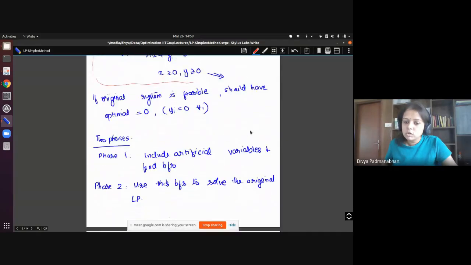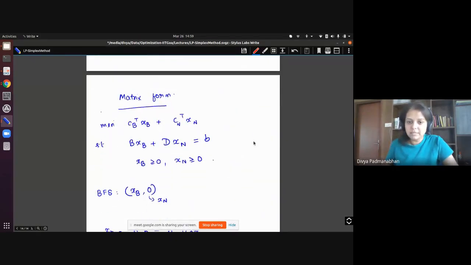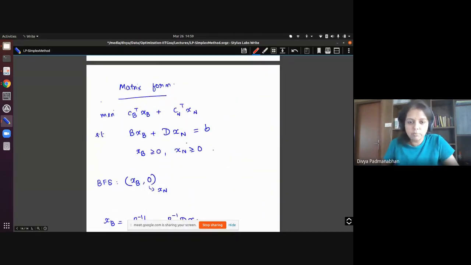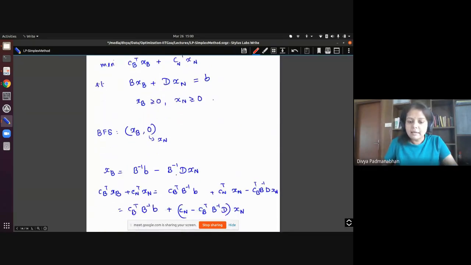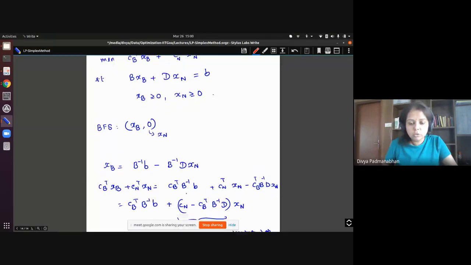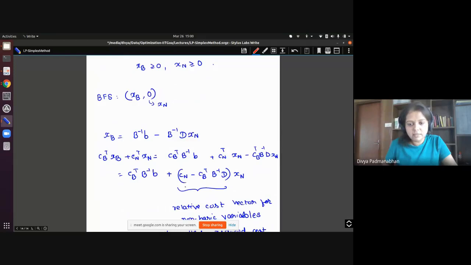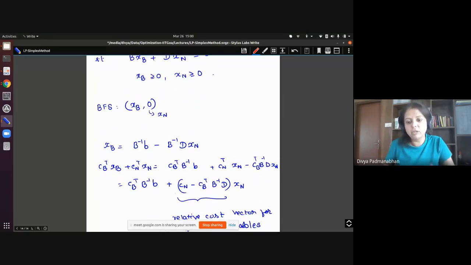In general, in the matrix form of the simplex algorithm, you have these two classes, the basic and non-basic variables, so you can have this kind of partition. At each step, in terms of the reduced cost, for the non-basic variables you're trying to find some quantity which leads to an improvement.